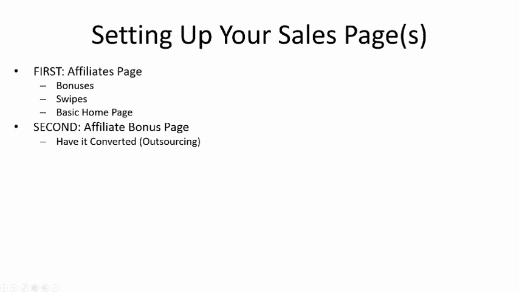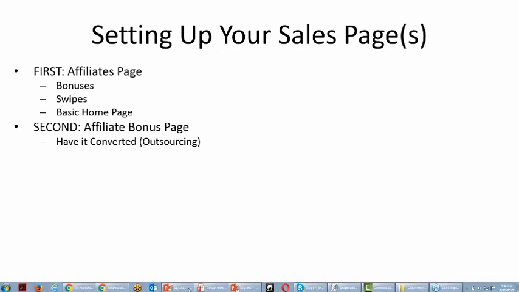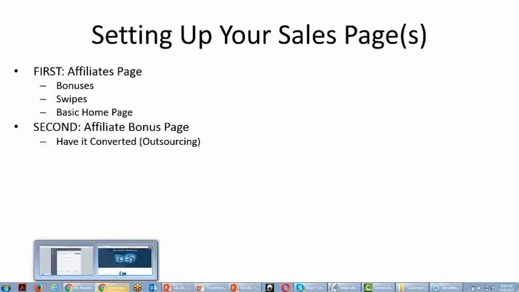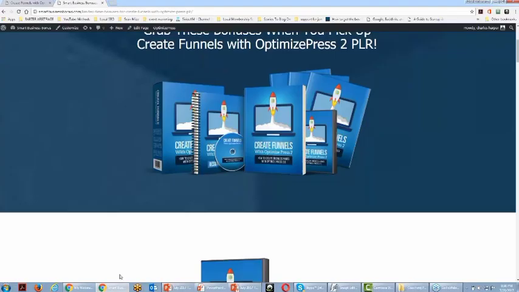Now, there is one thing I want to tell you about this: some affiliates do not have WordPress and they don't want to use your bonus page. So you're going to have your bonus page converted to HTML. I know a guy that does it for me for $15.